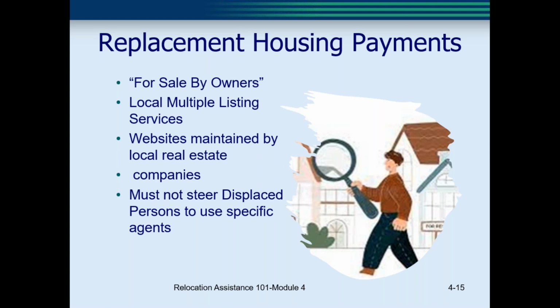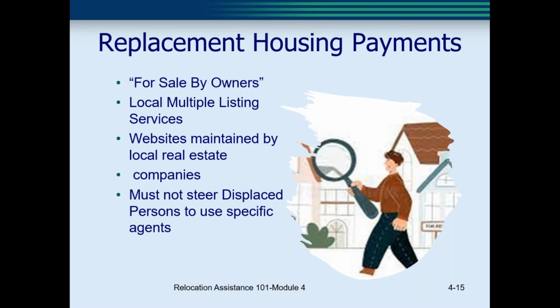Most MLSs are now computerized. To gain access to this data, the relocation agent must develop a working relationship with a local MLS member who has access to this system. There are also several internet sites such as Realtor.com, which are very effective ways to find comparables.